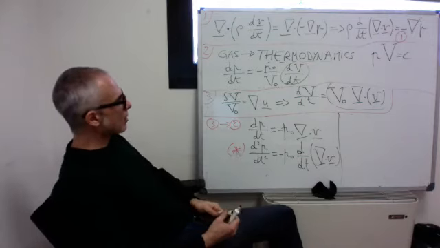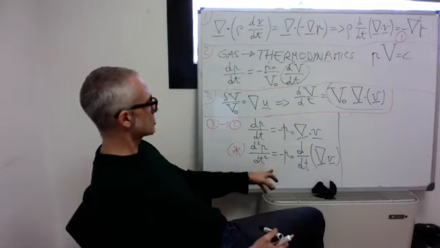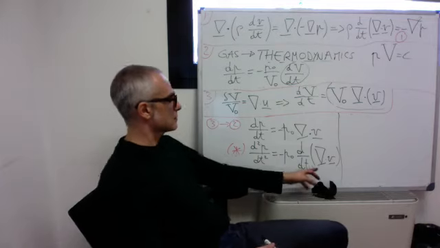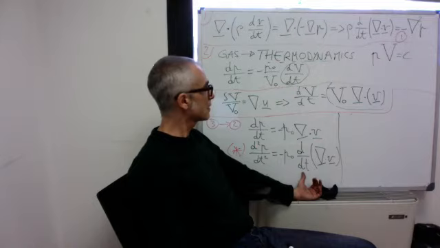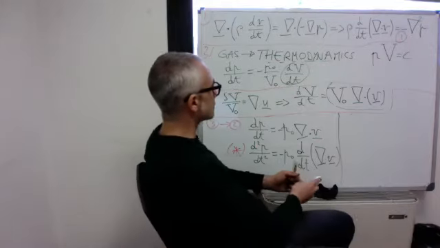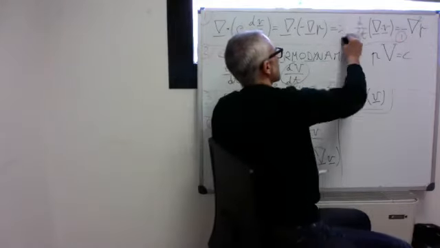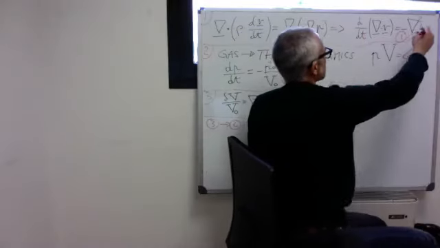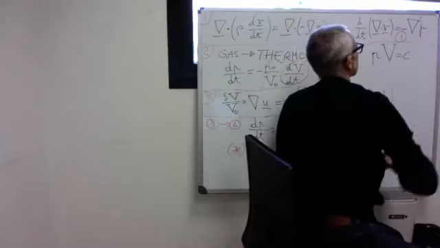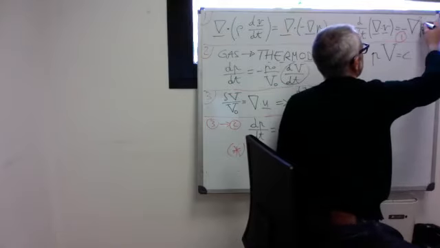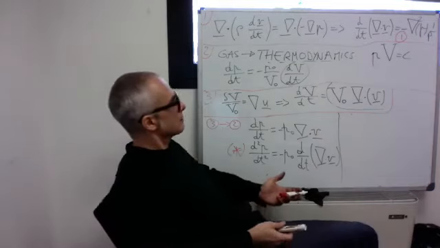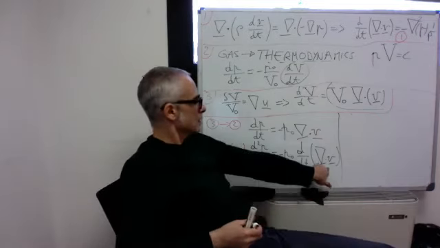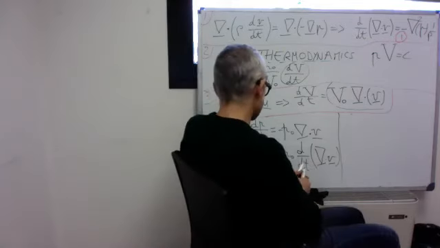Now we have, in both equations, the divergence of the velocity differentiated with respect to time. So if I divide both sides by rho, the minus Laplacian of the pressure divided by the density gives me exactly this guy. So I can plug it in here.